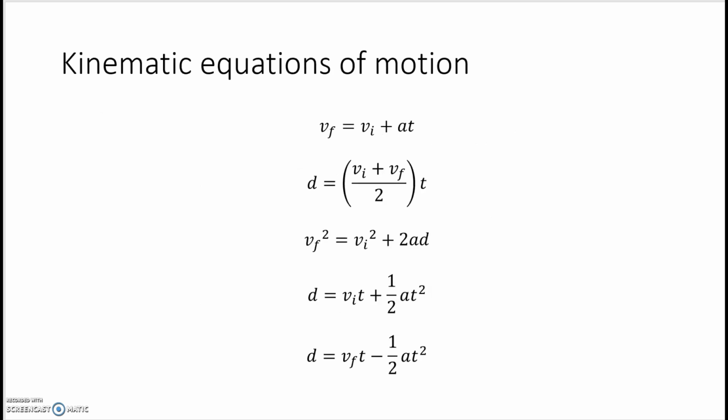There are five equations that you're going to use for kinematics, and we're looking here, we've got a uniform acceleration, the thing is going in a straight line, it's a time interval t, and we've got all these equations here, a set of formulae which we call the kinematic equations of motion.